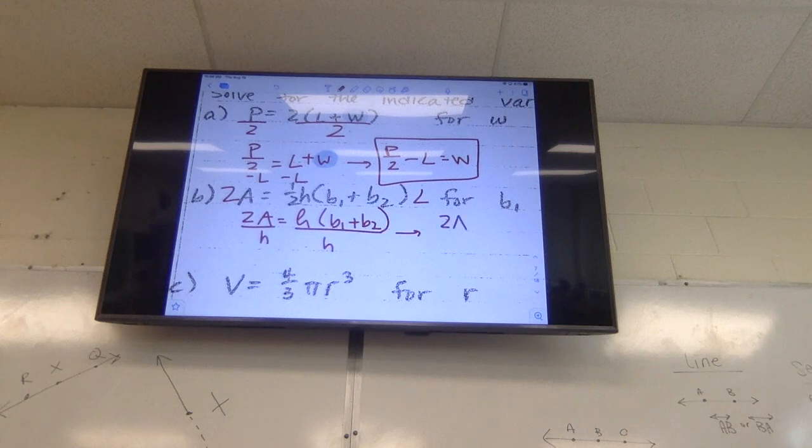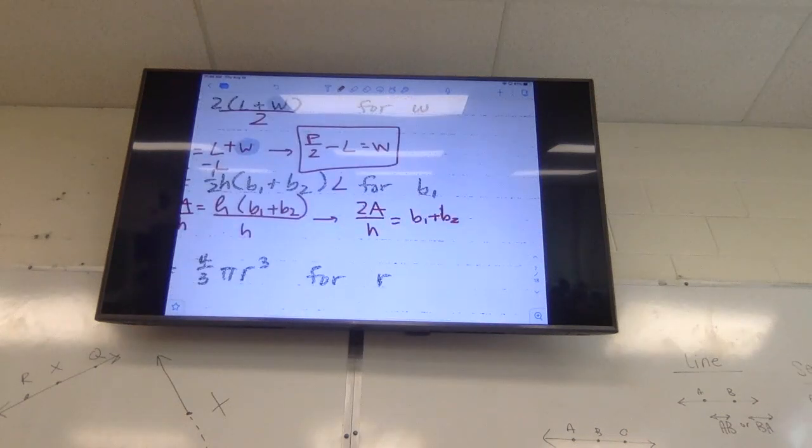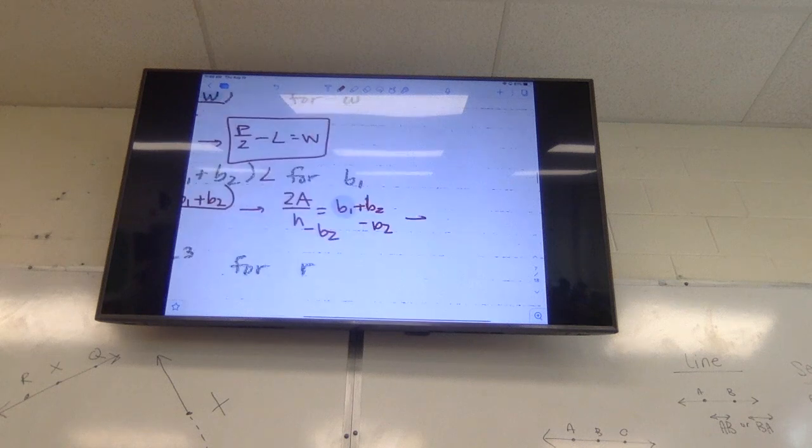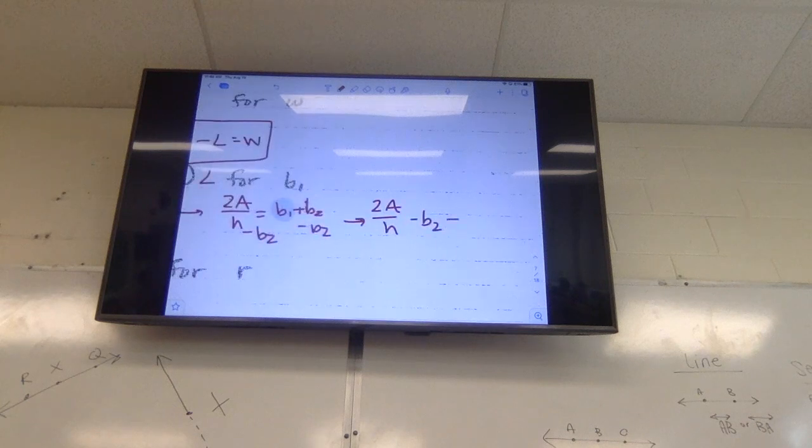So I get 2A over H equals B1 plus B2. I'm looking to keep B1 by itself. So what do I need to do? Good, minus B2. We just psych ourselves out because we want to simplify things and you cannot. So 2A divided by H minus B2 equals B1.